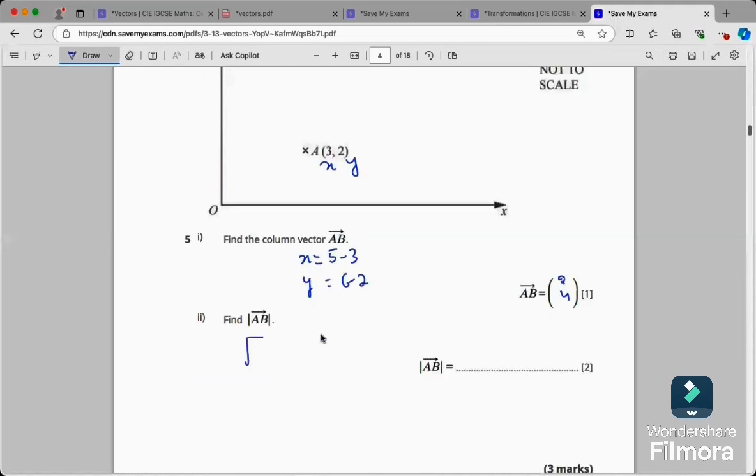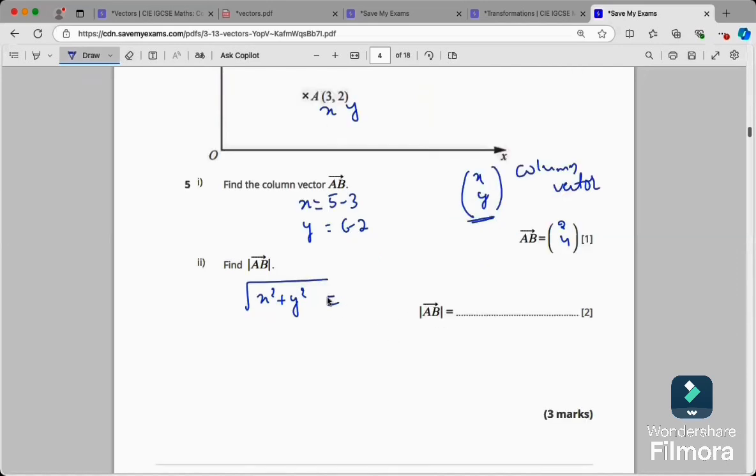And if you get the magnitude of that, which is x squared plus y squared, so any column vector is given by the formula (x, y). So it will become 2 squared plus 4 squared, isn't it? So you simplify this, 4 plus 16, so it will be root 20. All right.